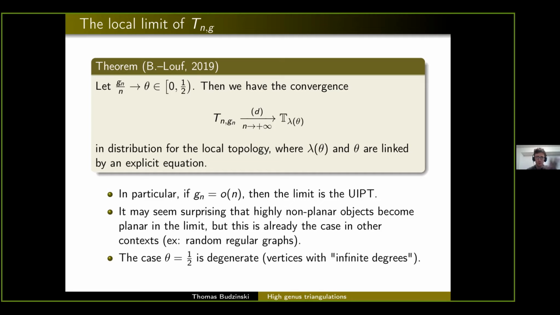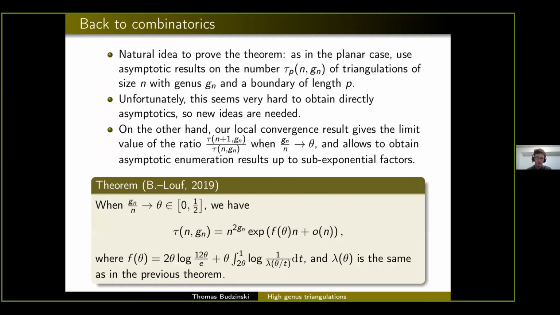So I'm going to spend most of the rest of the time discussing the ideas behind the proof of this result. But first, I would like to describe in some sense how we should have proved it, but how we have not proved it. The most natural idea is to do the same thing as in the planar case.